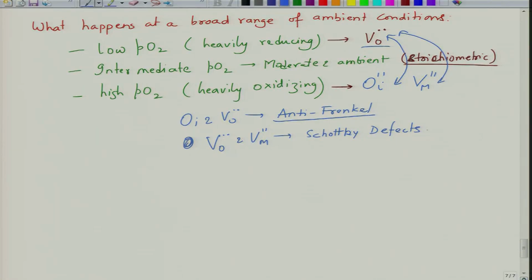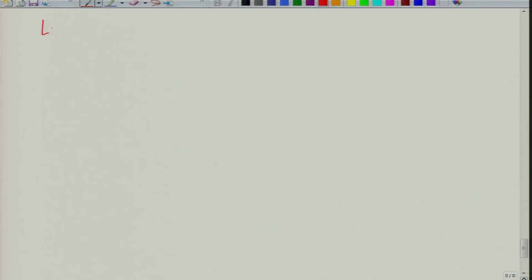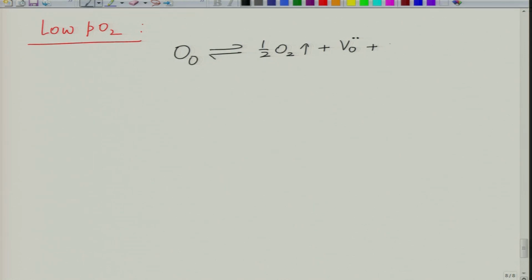So, let us first consider the low partial pressure of oxygen situation. If we consider low PO2, then the defect reaction can be: oxygen at oxygen site goes out, giving rise to formation of an oxygen vacancy, and this is compensated by the formation of 2 electrons.